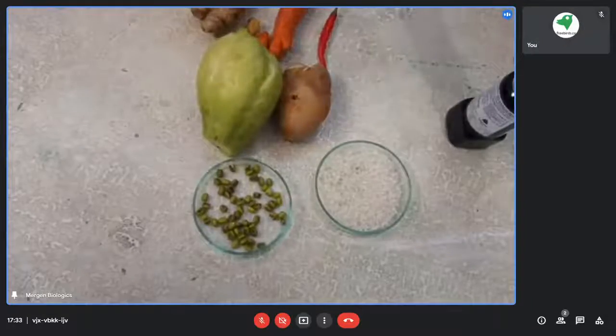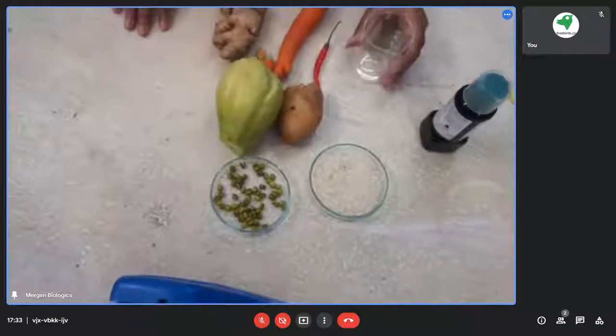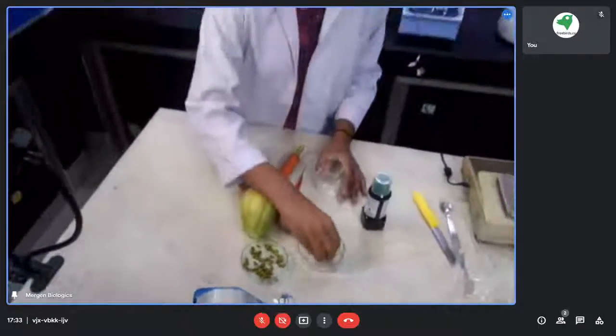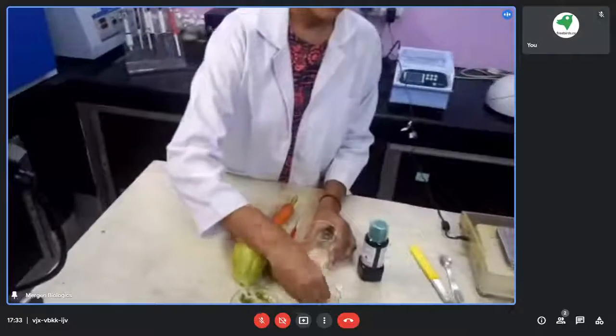To start with my activity, first I will boil some rice.